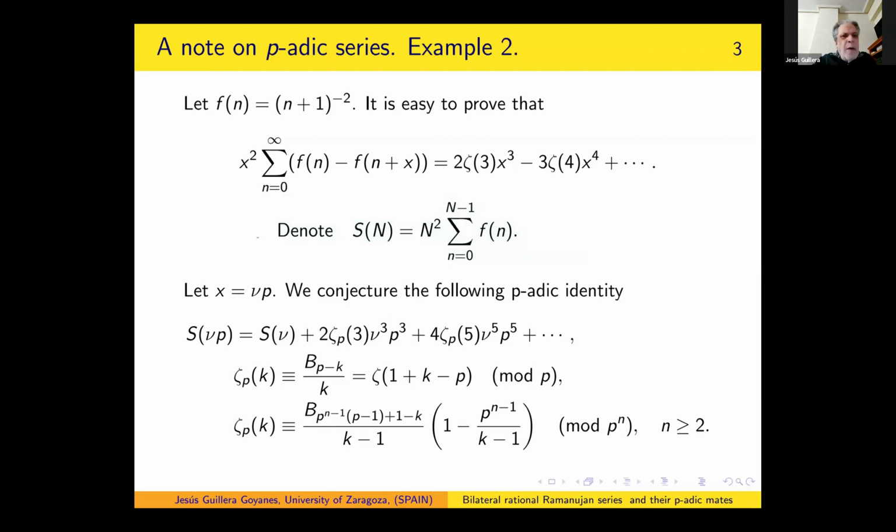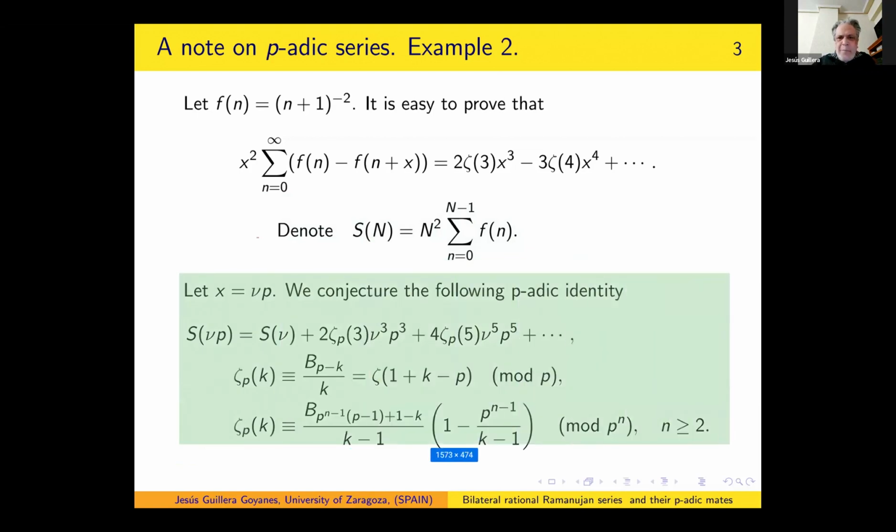And when we let x equal N times p, then we have this p-adic identity: S of Np equals S of N plus this.